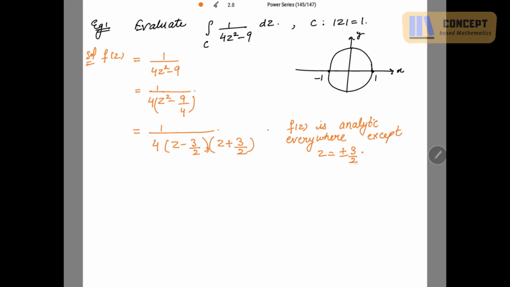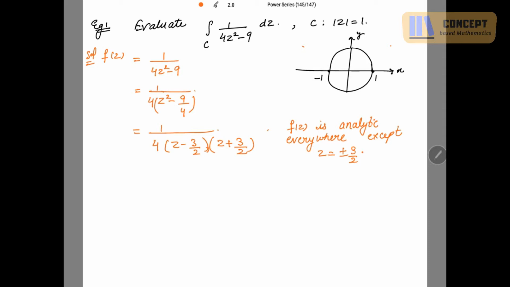Now, do these points lie inside this circle? 3 by 2 is 1.5, and this is a unit circle. So this point lies outside this circle. And minus 3 by 2 lies on this side, also outside the circle.